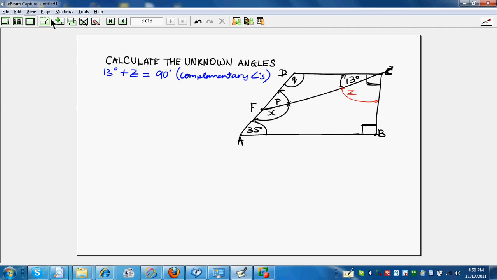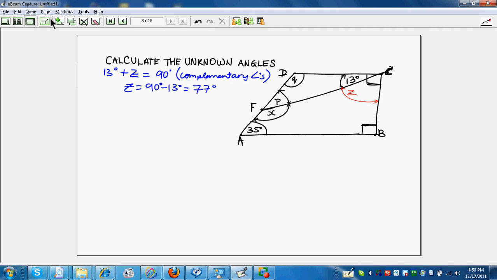So it's very easy to find what angle Z is by saying 90 degrees minus 13 degrees. And that would give us the answer for Z, which would be 77 degrees.